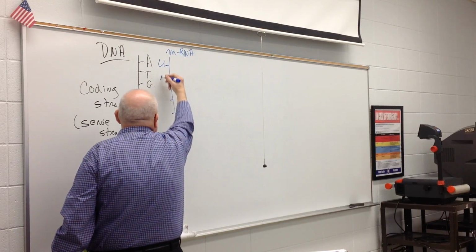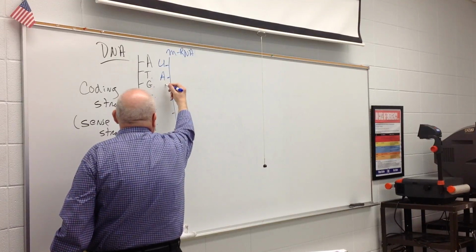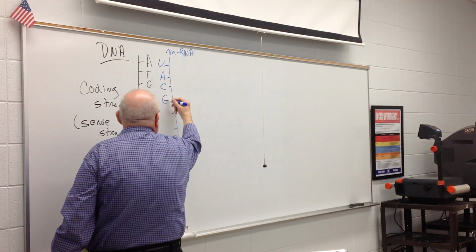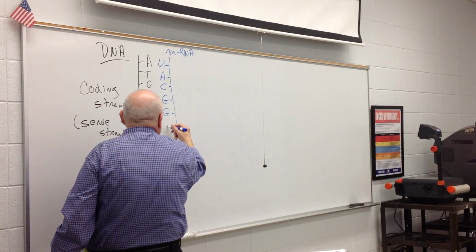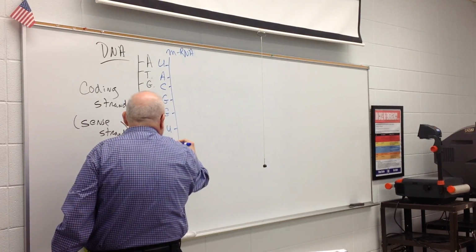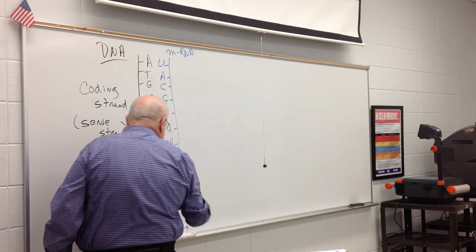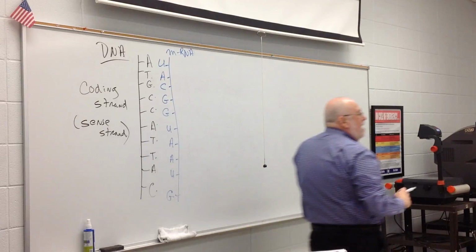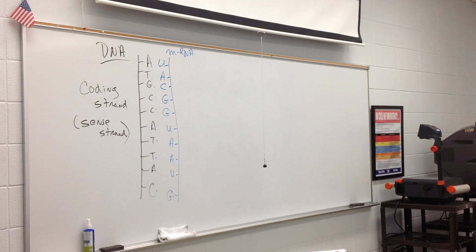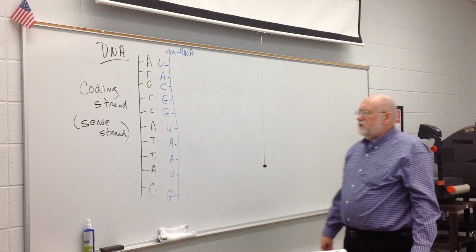And an adenine, and a cytosine, and a guanine, uracil, adenine, uracil, guanine. Right? The messenger is complementary to the DNA. And remember that on RNA, we don't have any thymine, so use uracil there to pair with adenine.